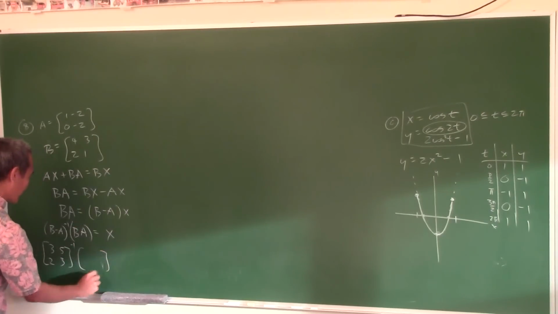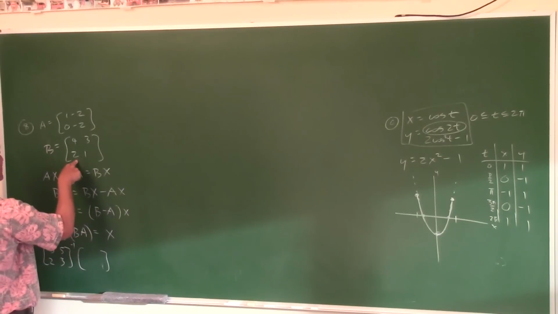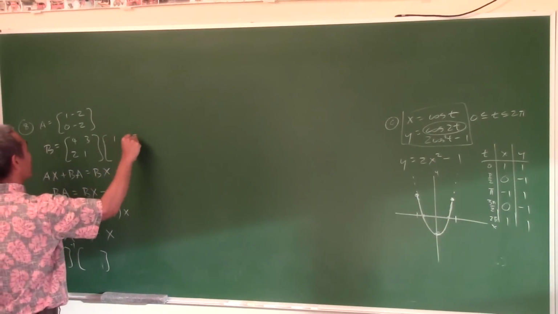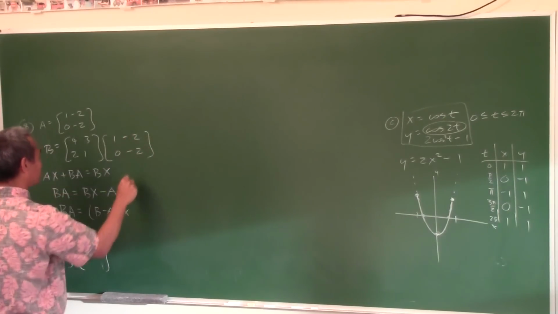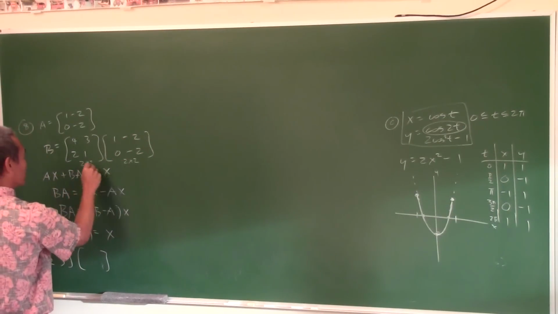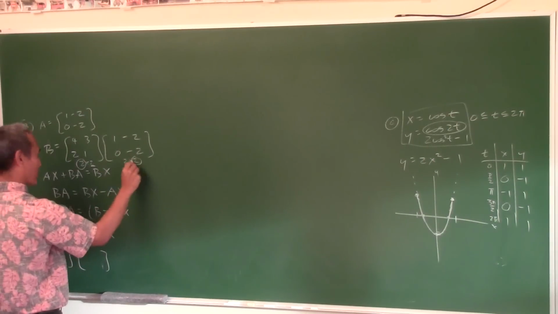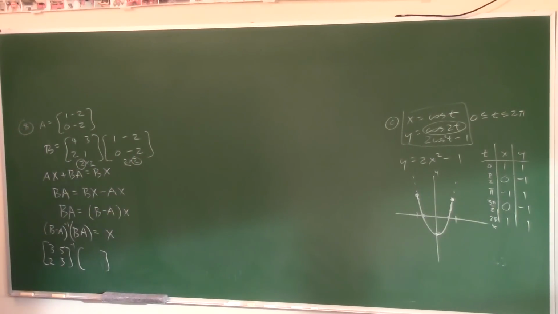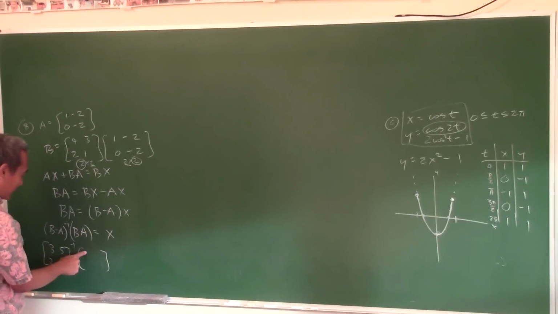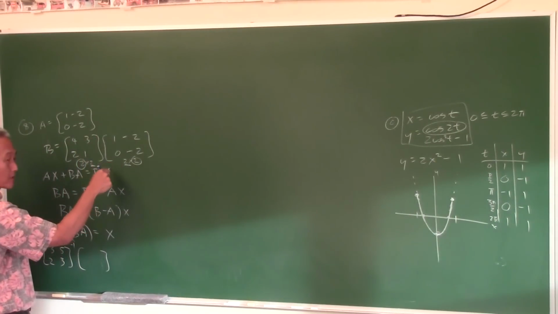Now, you guys remember how to multiply matrices? You have to put the B first and then the A second. So here's B. You put A over here. So when you multiply a 2 by 2 matrix times a 2 by 2, these two numbers have to be the same, which they are, and the resulting matrix is going to be 2 by 2. And then, to get this element in the first row and first column, you go across the first row, you come down the first column.